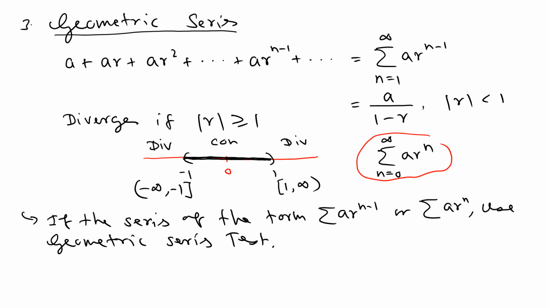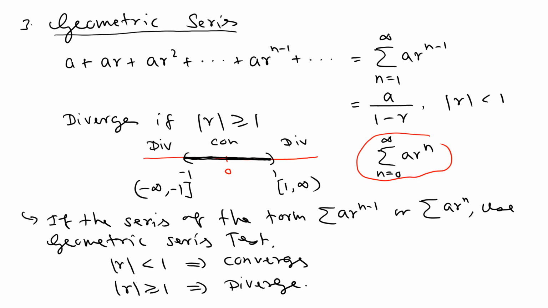What's the geometric series test? It converges if the absolute value of r is less than 1, and it diverges if the absolute value of r is greater than or equal to 1.